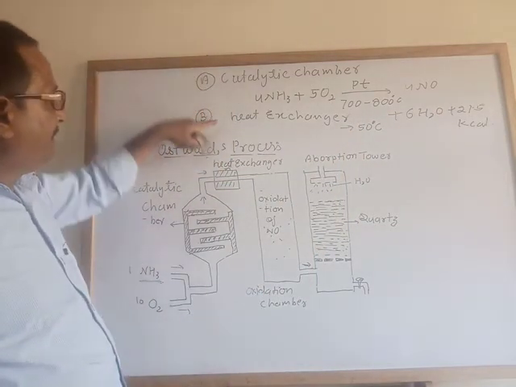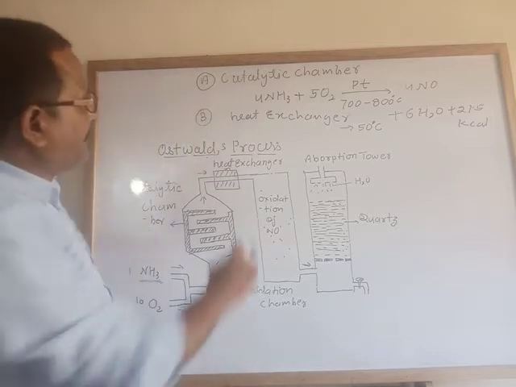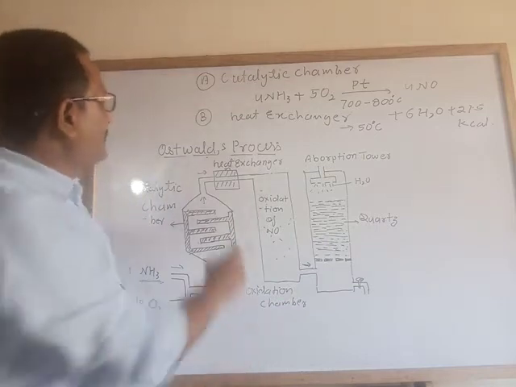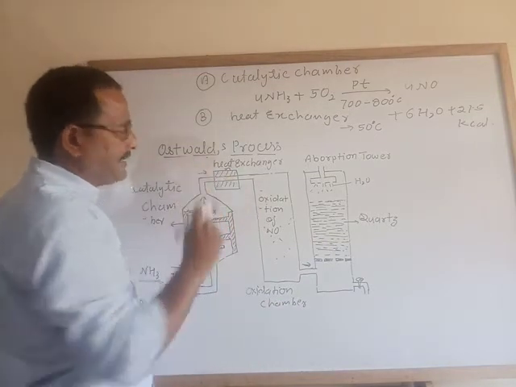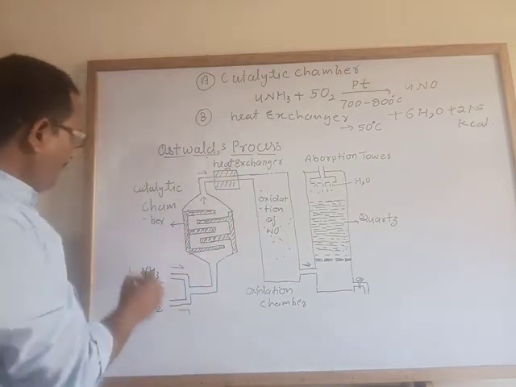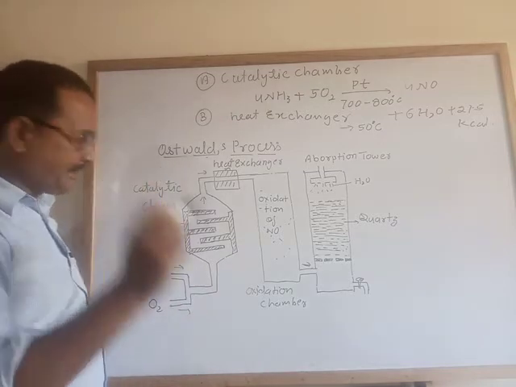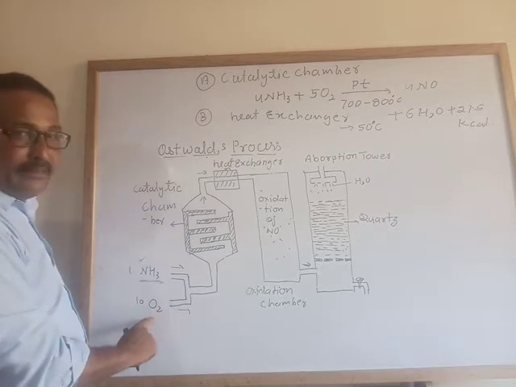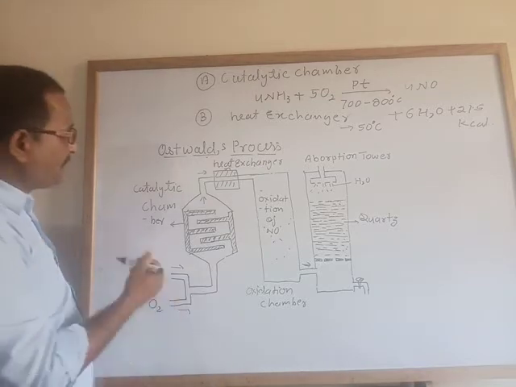That is the only work of the heat exchanger, so we use it here. The ammonia comes from the Haber process, and the oxygen from fractional distillation of liquid air.